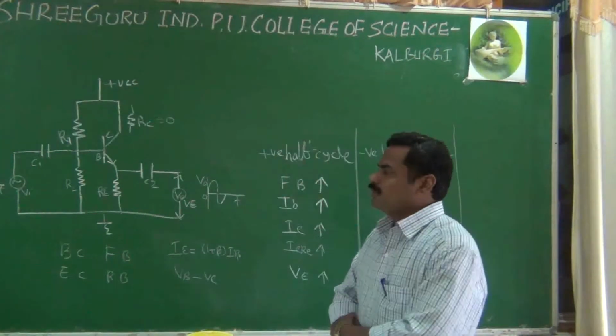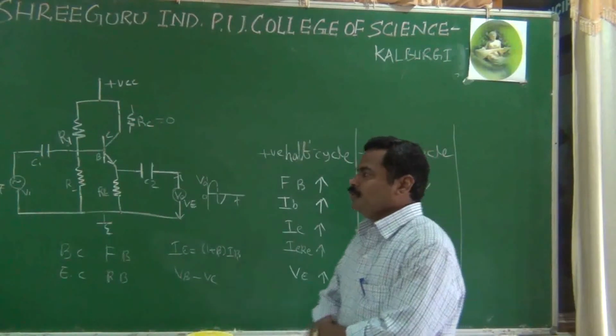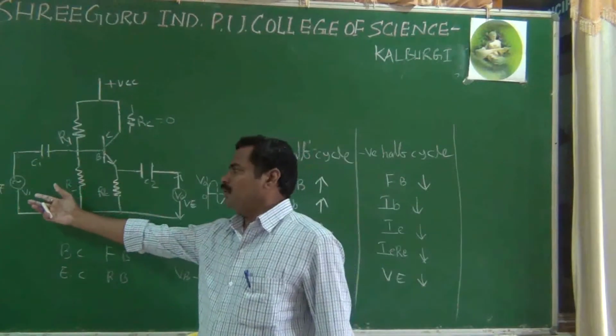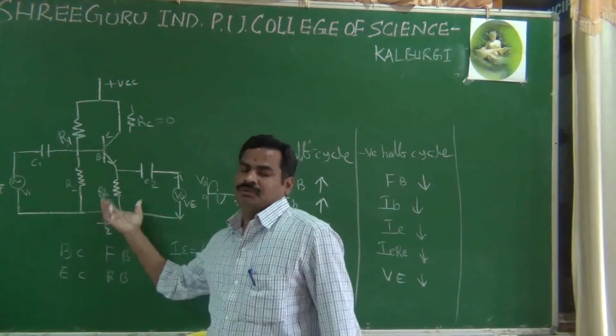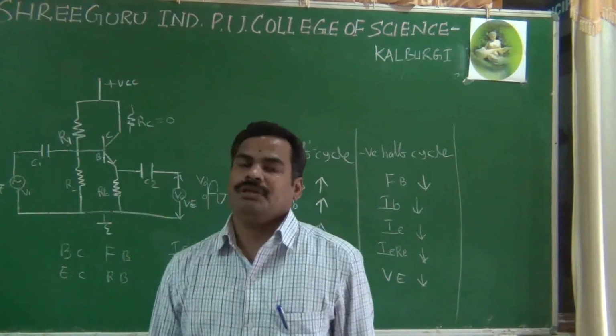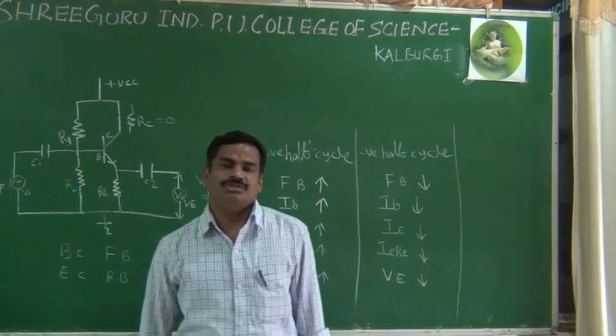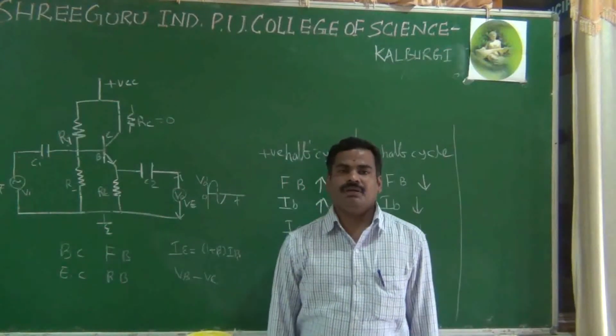Overall, the collector is common for the input and output. That's why it's called the common collector amplifier.